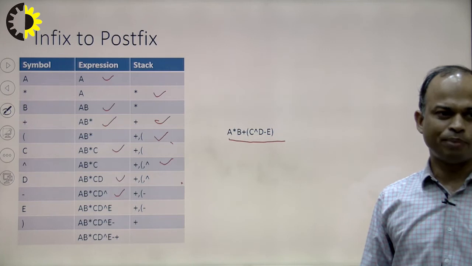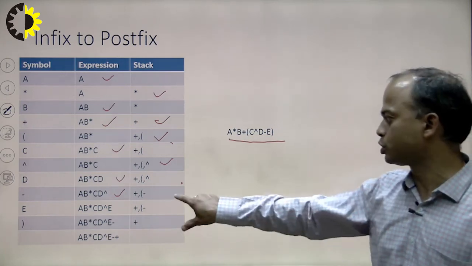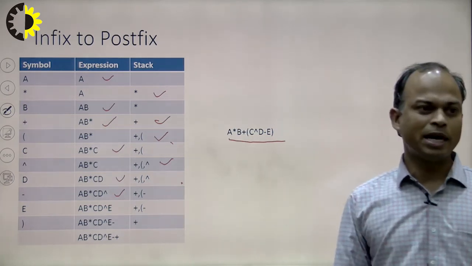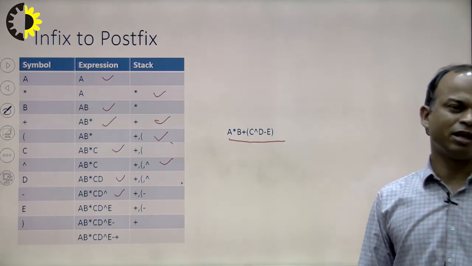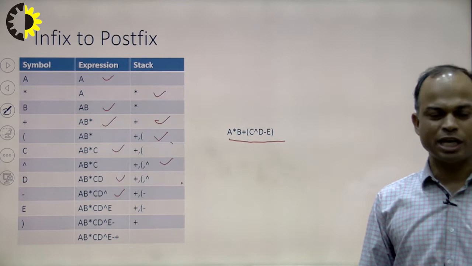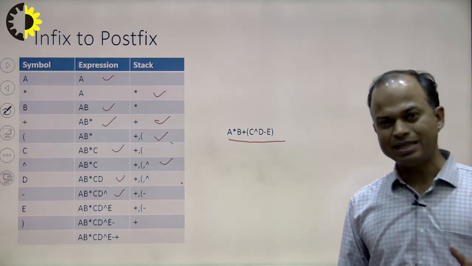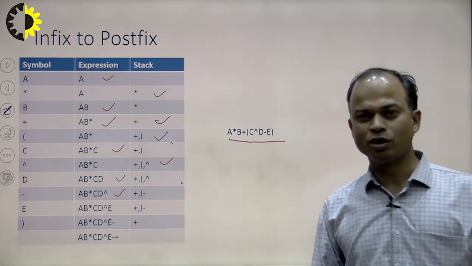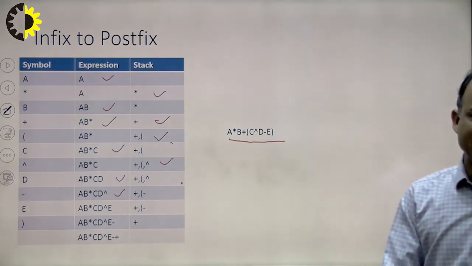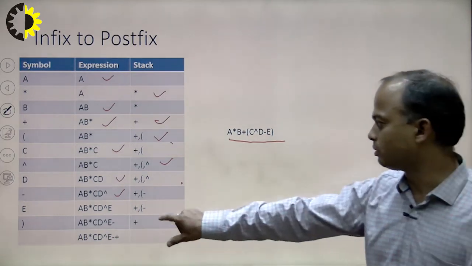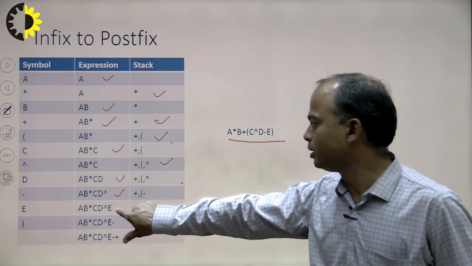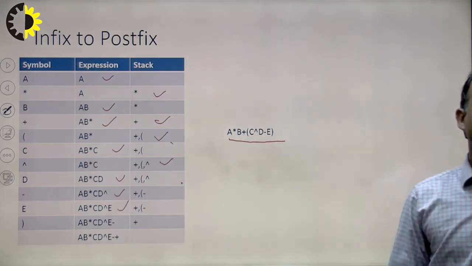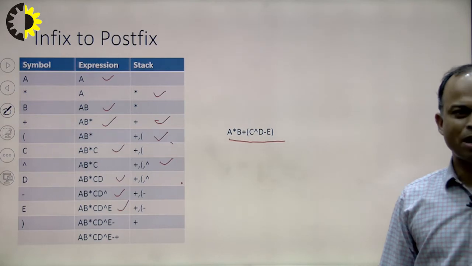After this, minus is pushed onto the stack, and after minus we have the next character, E. This E is an operand, so we are appending this E onto the expression. Therefore, we have the expression AB multiply CD power E.